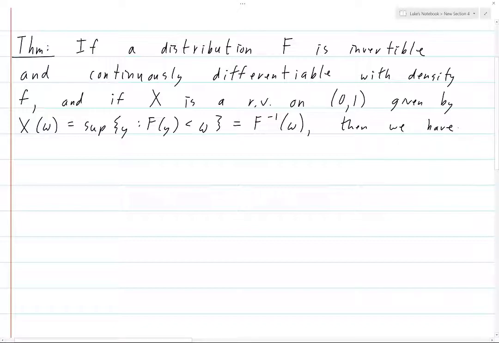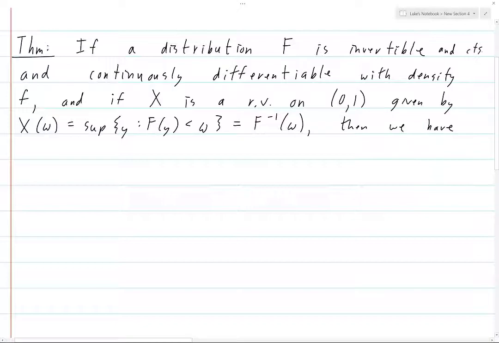But if you have a jump, you could have a jump and the function still be continuously differentiable. So we don't just need it to be continuous. I'm going to write F is invertible and continuously differentiable.